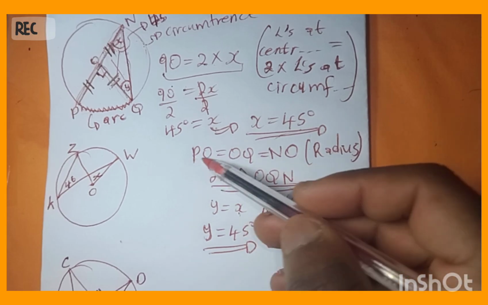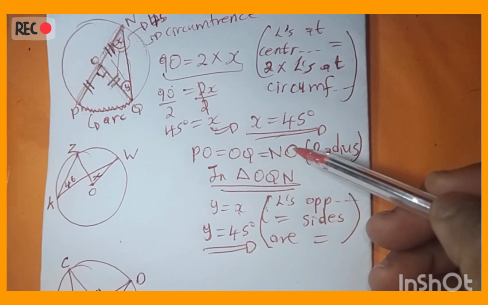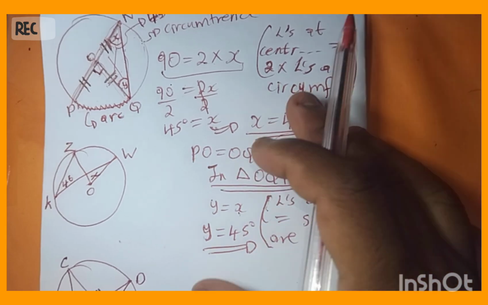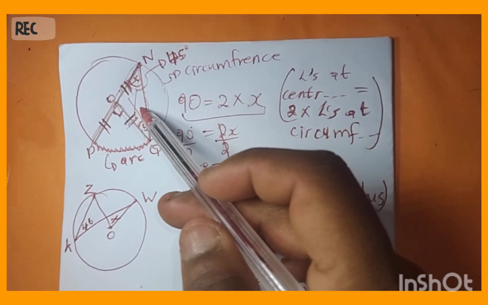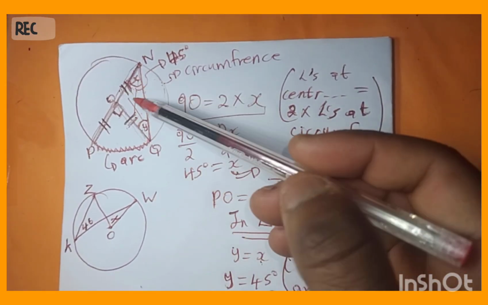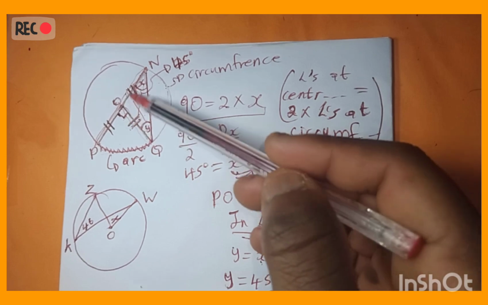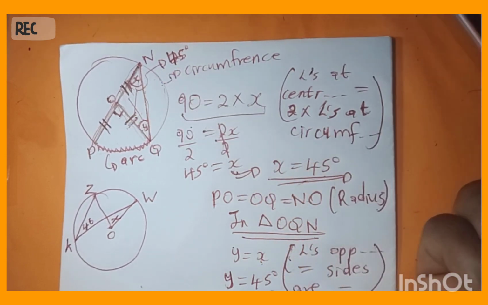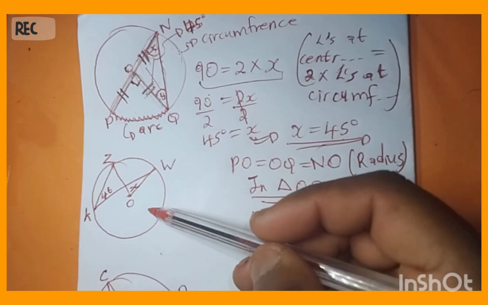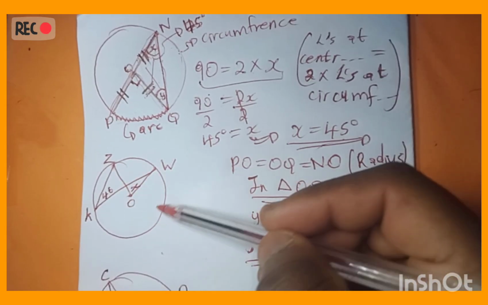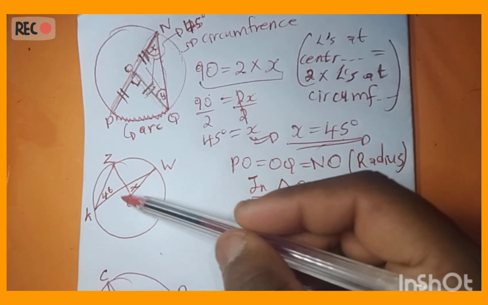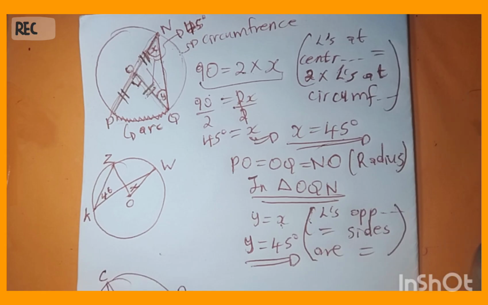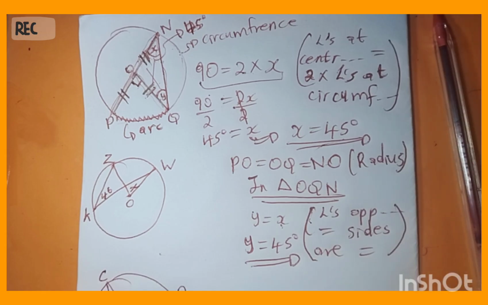The radii around the circle are equal, and in this case these 2 sides are equal, so the angles opposite those sides should be equal as well. So what about this one, guys? A question like this is straightforward. What do you do then? This is what you do.